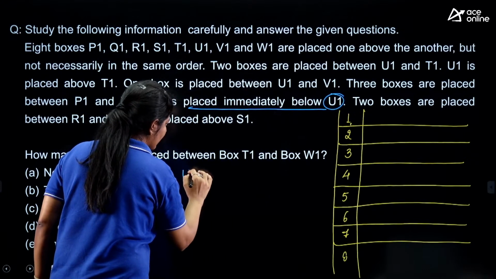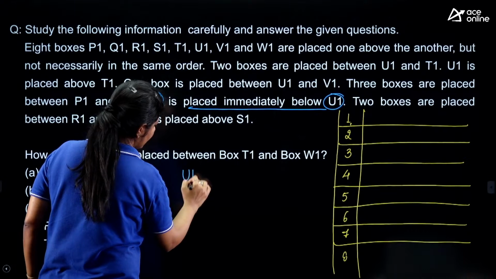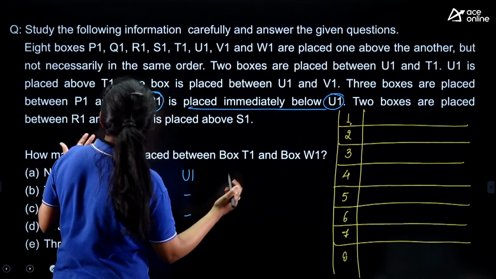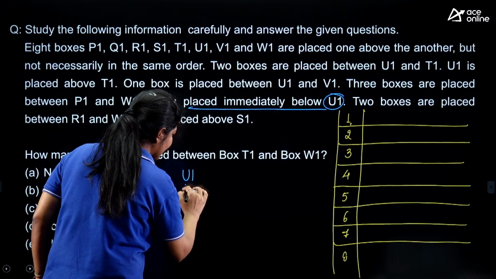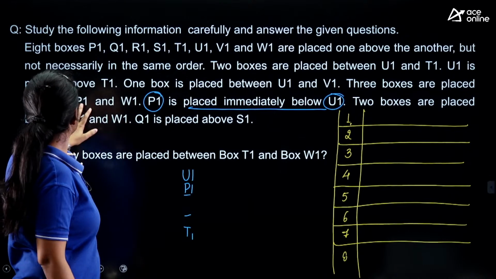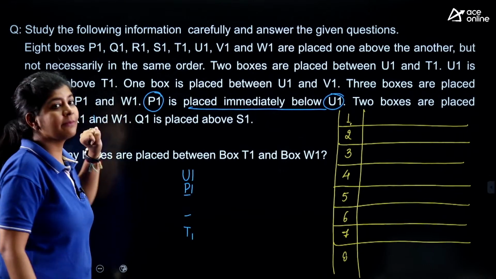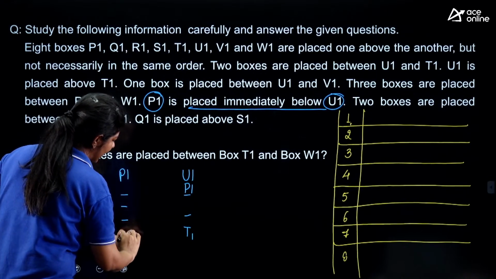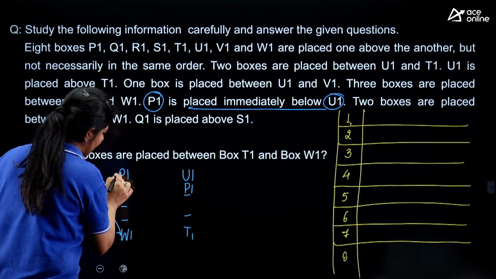That means we are having U1, two places over here, and then T1, right? Here we are having P1, but it is also given that there are three boxes in between P1 and W1. P1, 1, 2, 3 and W1, and they can change their places, right?